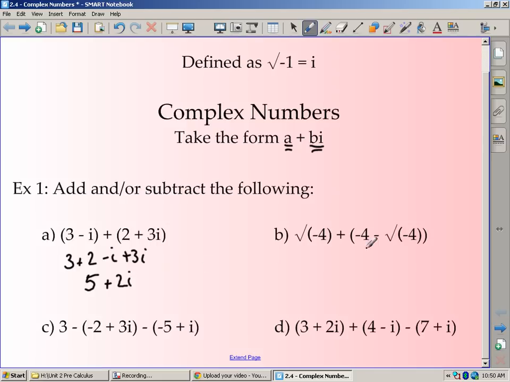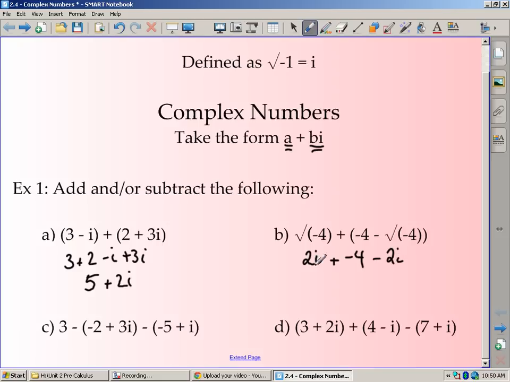Over here, I've got a whole bunch of square roots and negatives, so I'm taking the square root of -4, which can be written as 2i when I simplify it. We want to simplify these as much as we can. We have plus 2i, and over here we're subtracting the square root of -4, which means that I'm subtracting 2i.